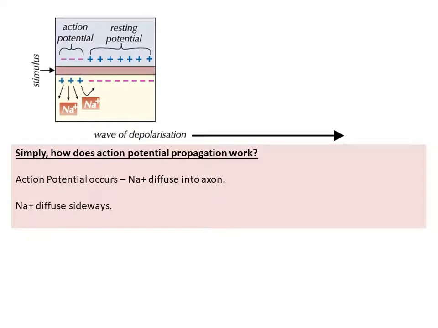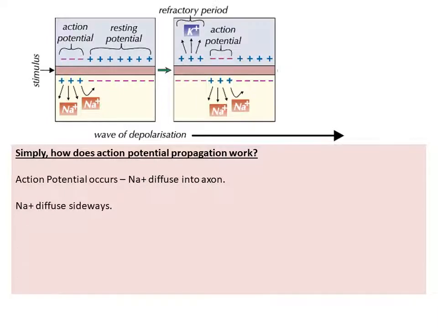Some of them will diffuse slightly sideways, and what that does is the charge on those sodium ions will affect the slightly more negative charge in the other ions around it, and that then stimulates that membrane so that the sodium channels will open.